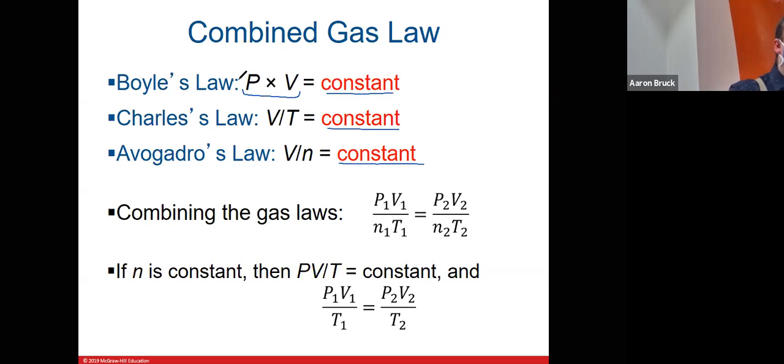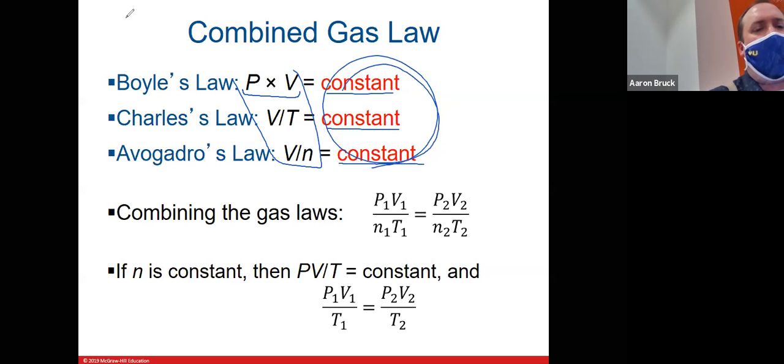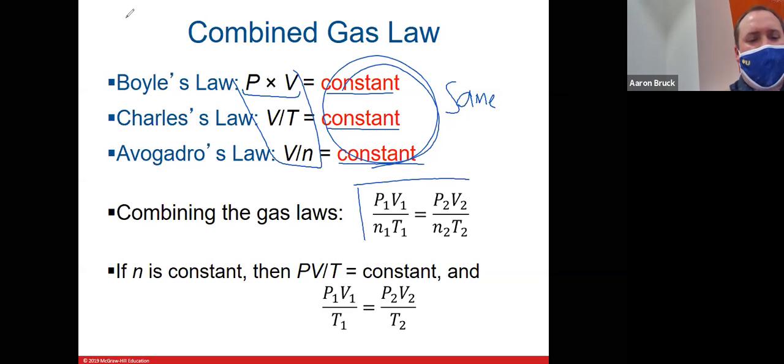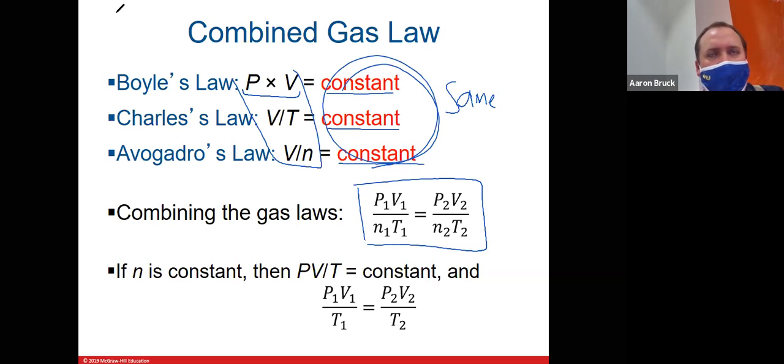Now, if all of these are present all at the same time, they all are going to end up equaling the same constant. And since they all equal out to the same constant, we can actually set the conditions equal to each other. And so that's where we end up getting this particular version of the combined gas law.